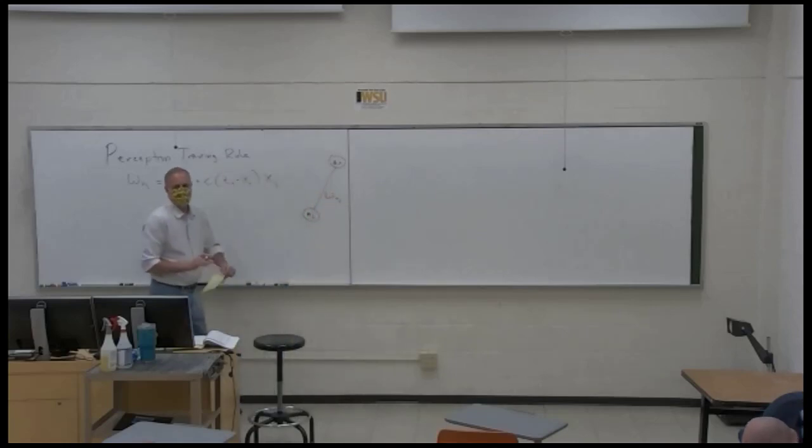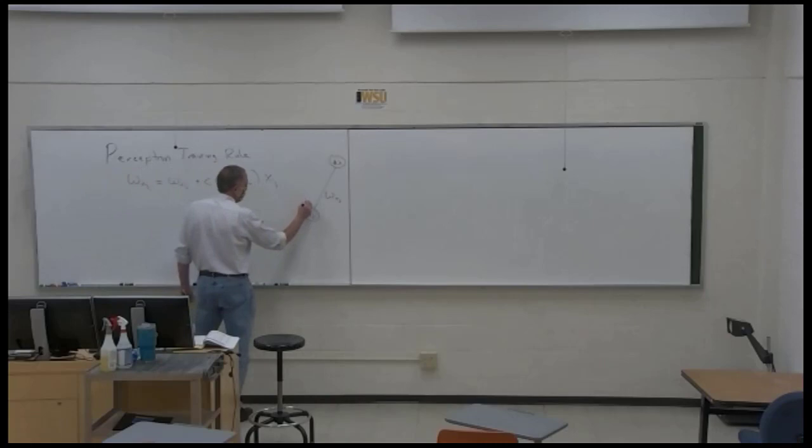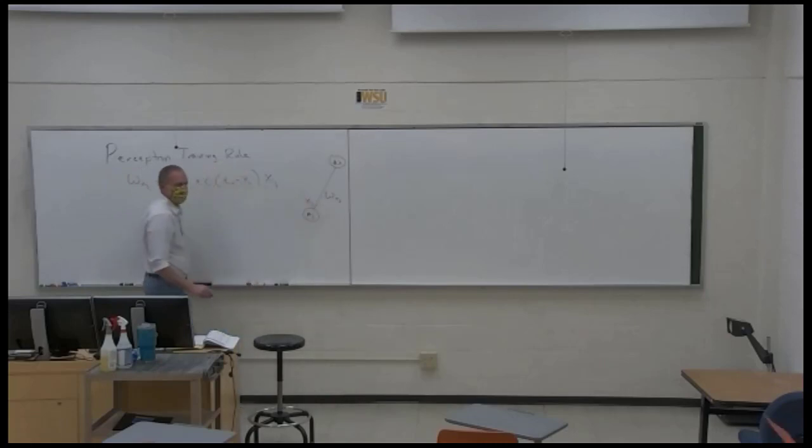The Perceptron Training Rule is a method to update the weight going from neuron J to neuron I. It's based on the signal and then the error.